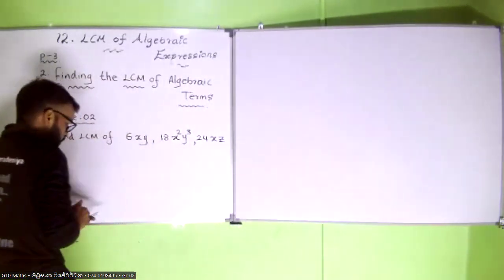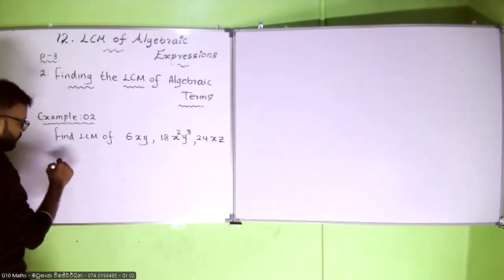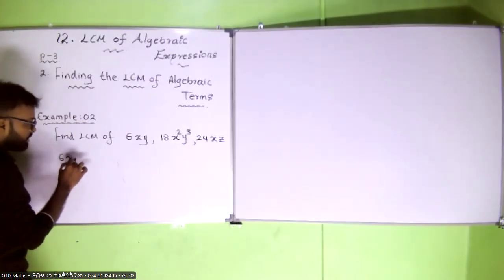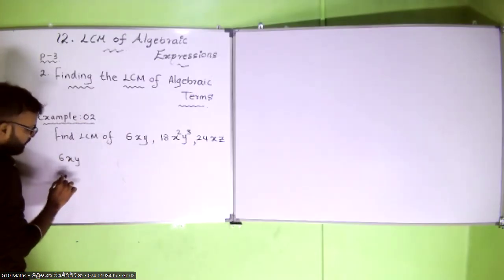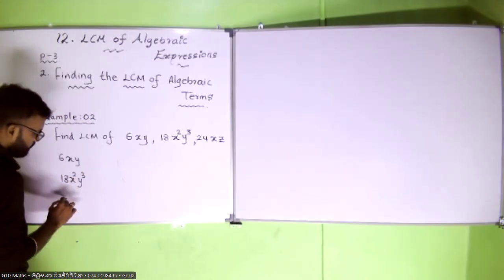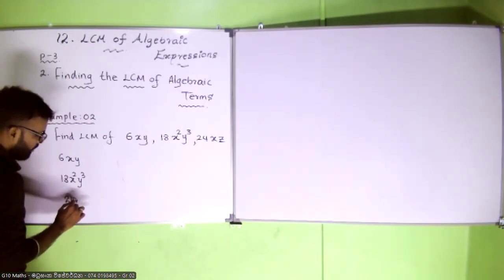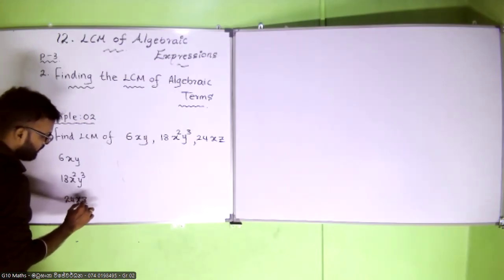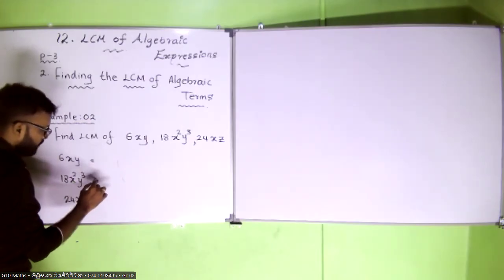Right. So you know the way. Here you have numerical values as well. 6xy, 18 x to the power 2, y to the power 3, 24 x z.